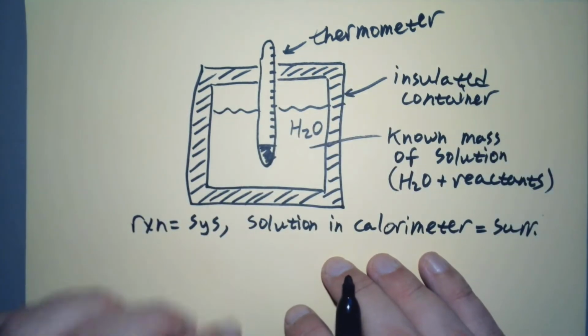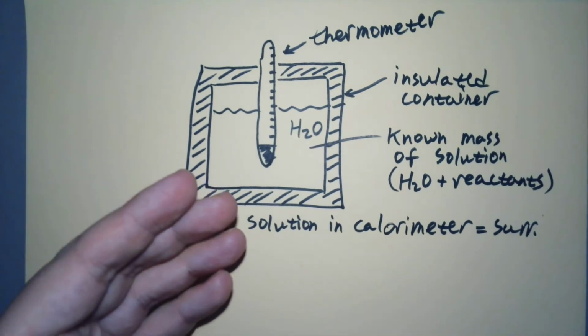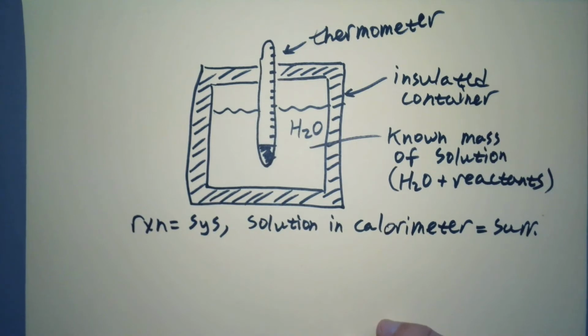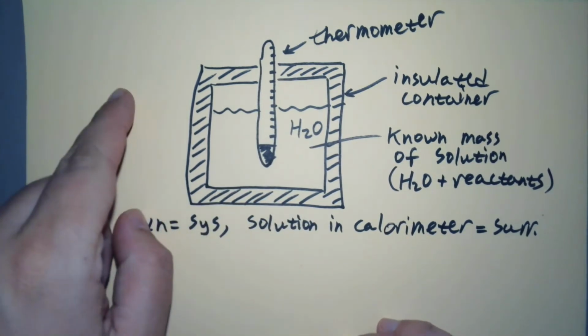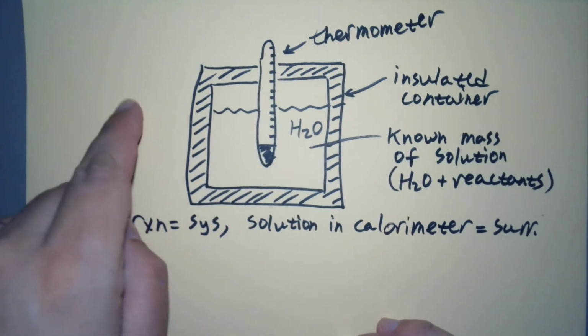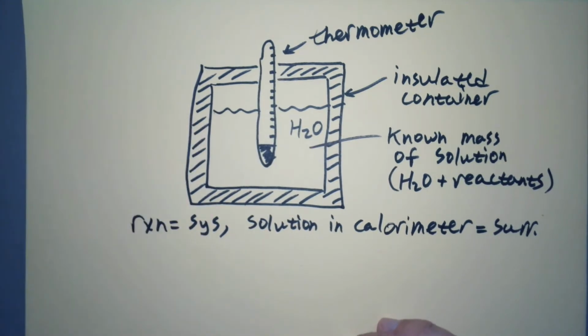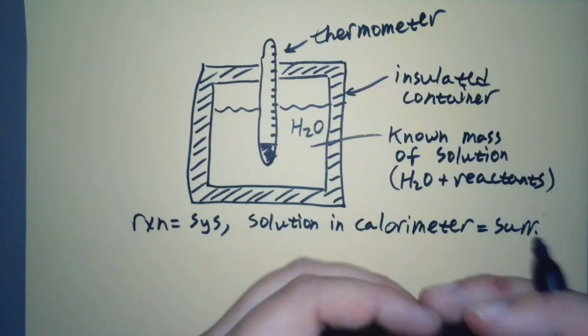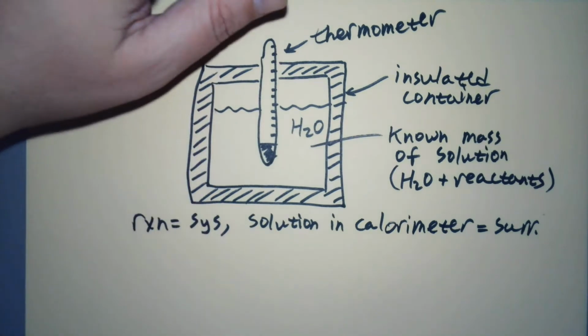Alright. Now why do we do this? Like, why don't we just measure the reaction directly? Well, how do you put a thermometer in a reaction? How do you just poke? Do reactions have temperatures? No, they don't. Their surroundings have temperatures. So we have to monitor the surroundings and infer what the reaction did from that.